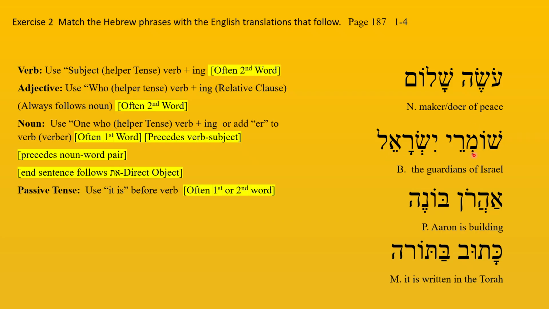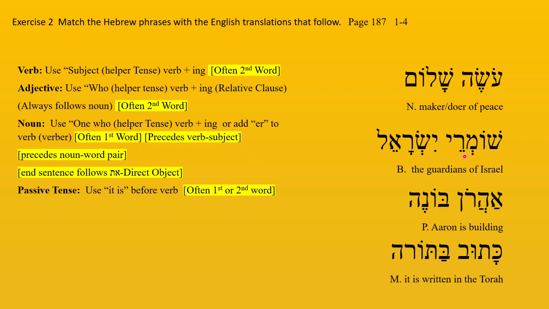Okay, another word pair. So your participle is shomrei. You know that because here's the participle indicator right here. The O and the A are two indicators, but the O is the primary one because this vowel can change. O is the primary. So you know this is an active participle because of that. So shamar, to guard, and then Israel.